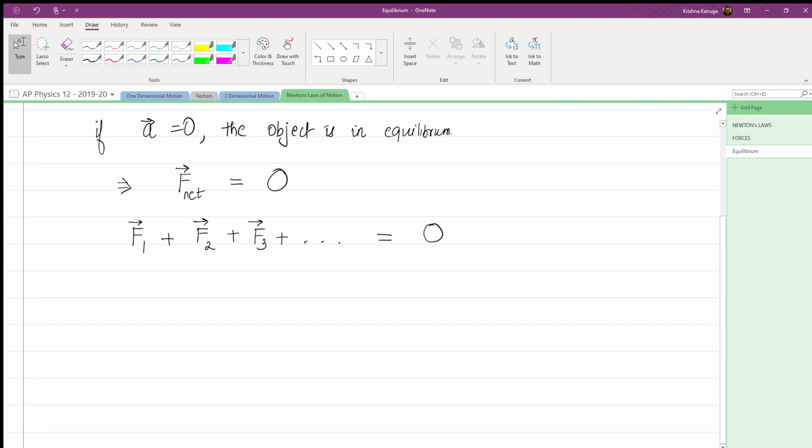We can further break this down: if the vector sum of all the forces is 0, then the sum of the x components of all the forces will be 0, and the sum of all the y components will also be 0.